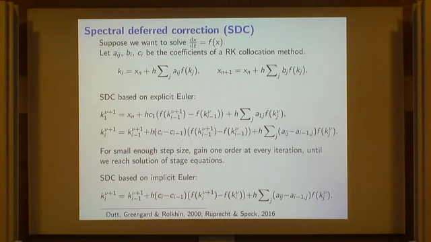It looks very much like a time stepping method, where you step from one stage to the next. These c here are the collocation times, so you just step from one collocation time to the next. This is the distance between two collocation points, and this is the right-hand side of the differential equation for the correction.